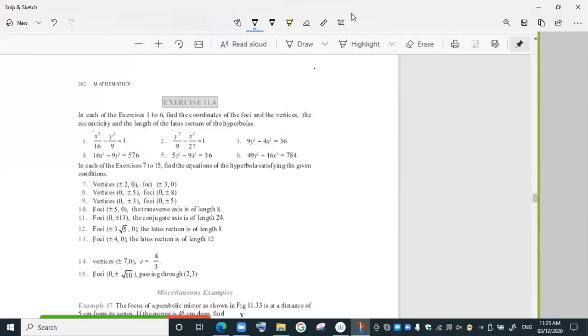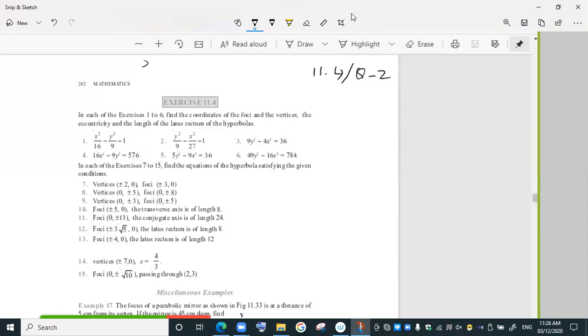Now question number 2. This is the second type of hyperbola. How will you recognize? First write the given equation. Then after writing the given equation, you have to compare it with the two standard equations.